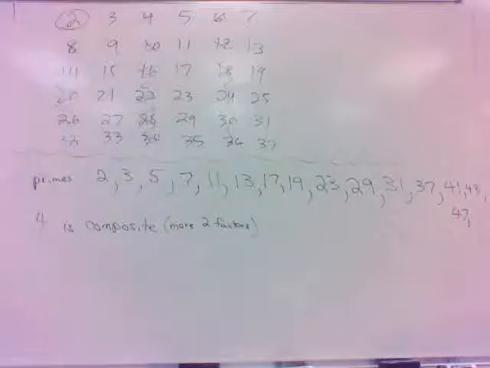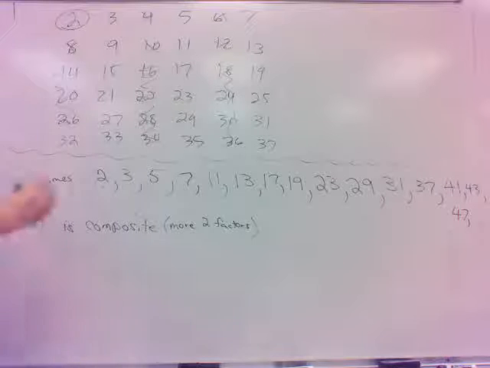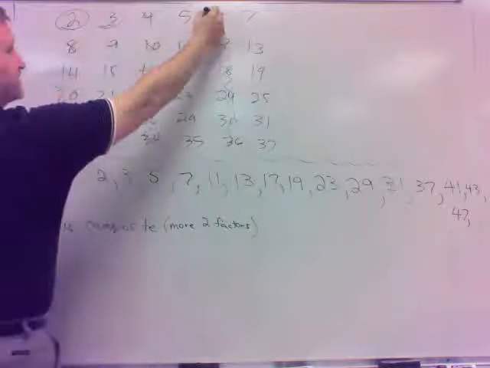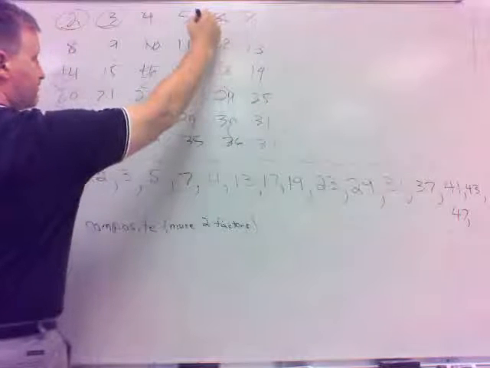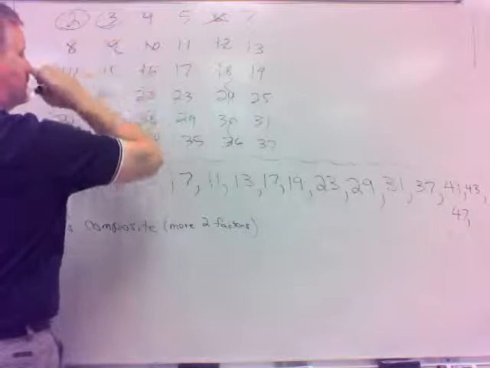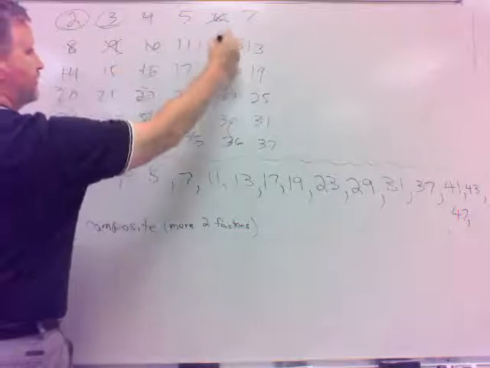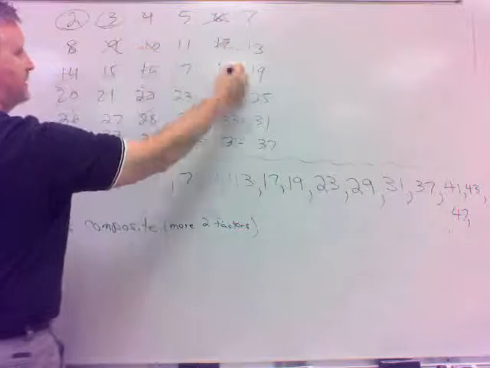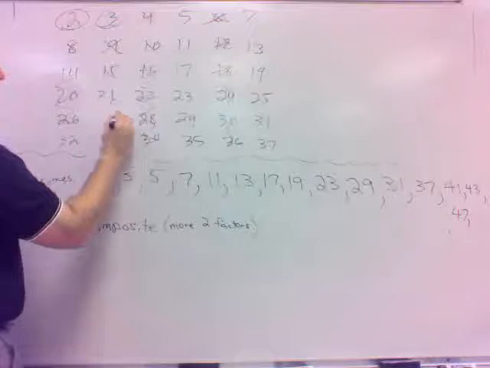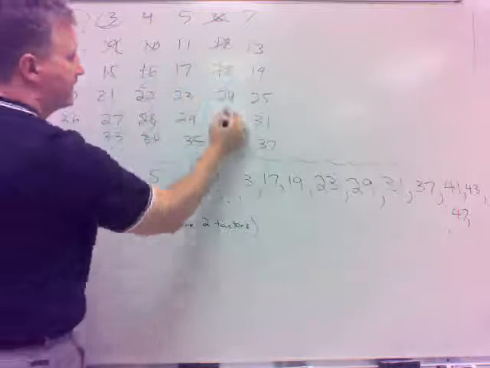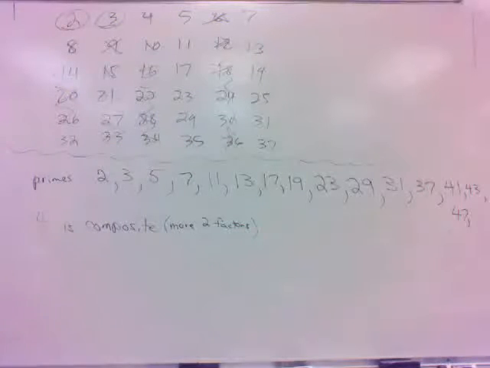I can mark out every one of those because those are all divisible by 2. The next number is 3. Do the same thing for 3. 6 isn't a prime then. 9 isn't. 12, already got it marked. 15, 18, but notice those are all going in columns 2 and column 5. I've already got that one marked out though.